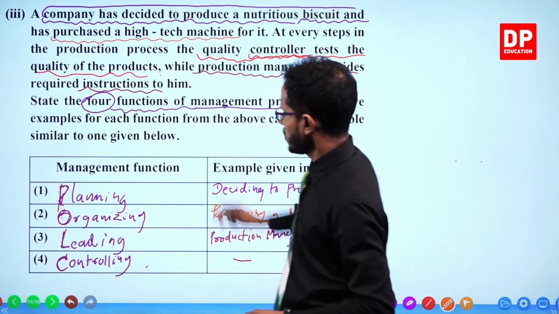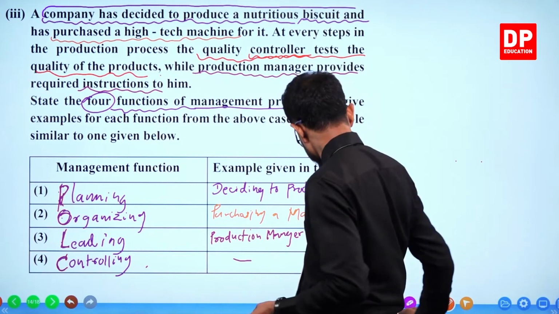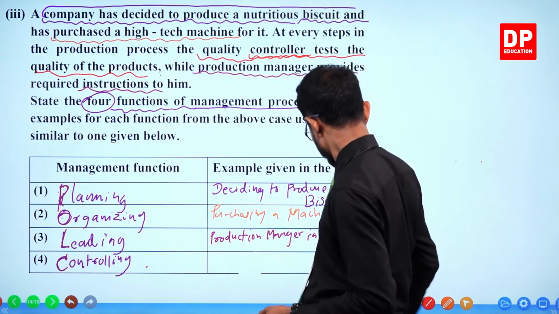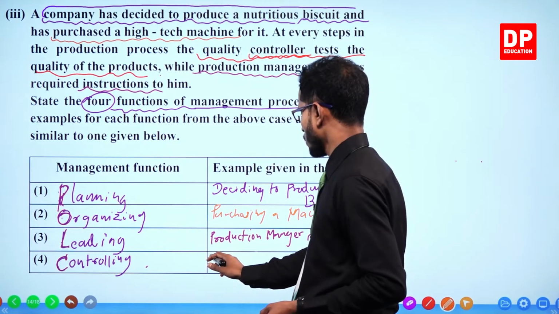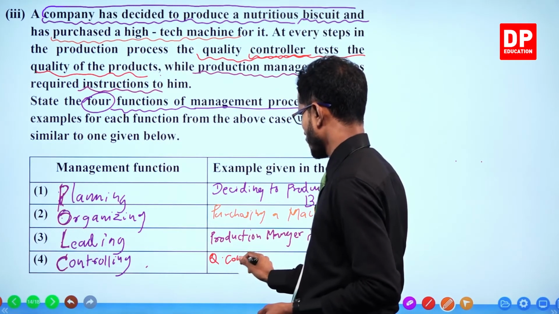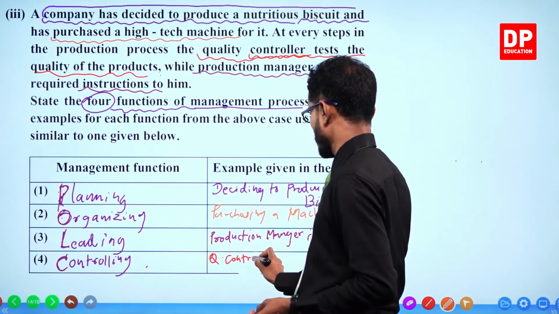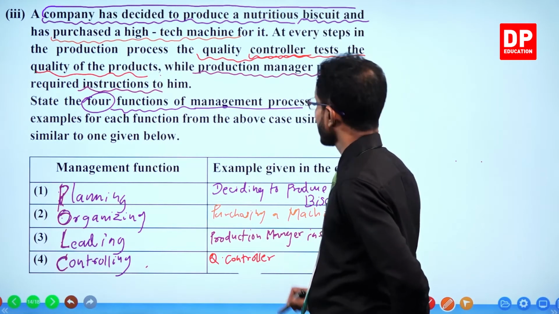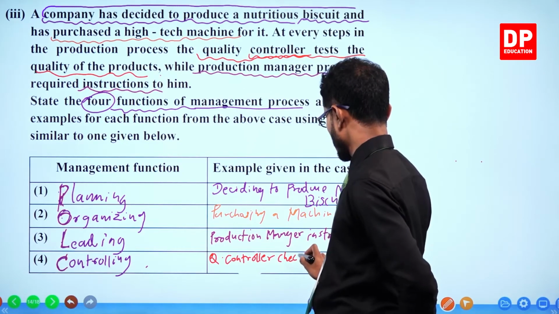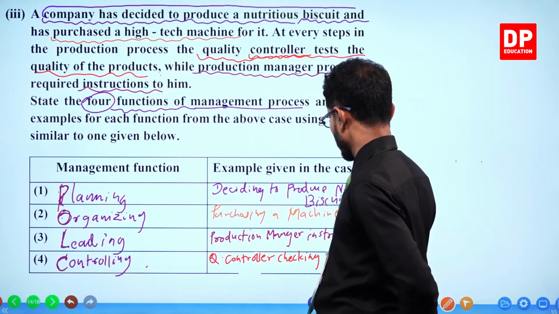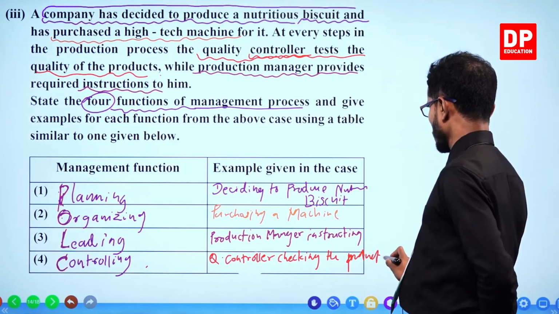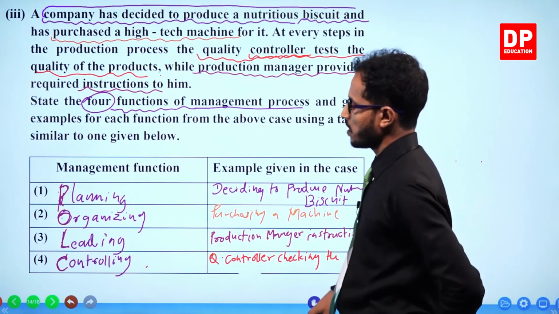So you can write quality controller checking the products. Okay. It's controlling.